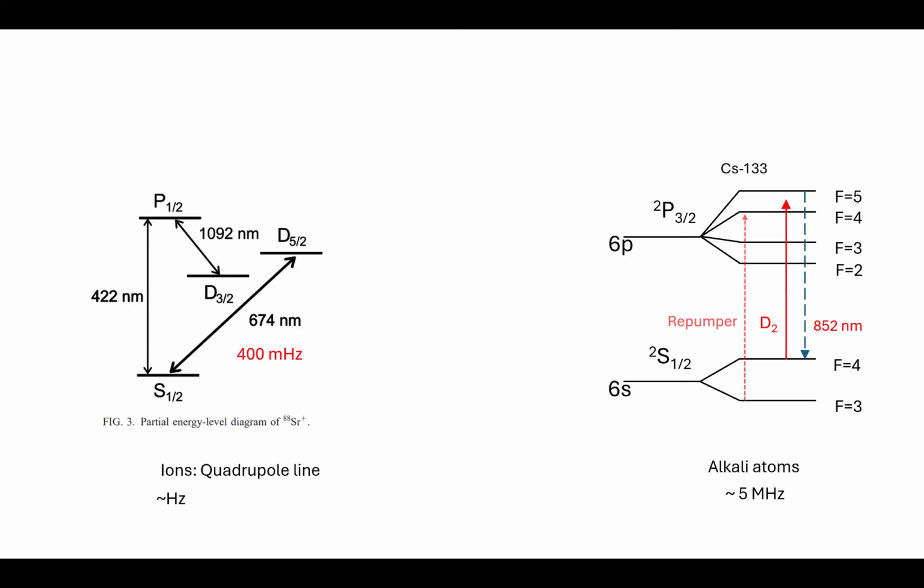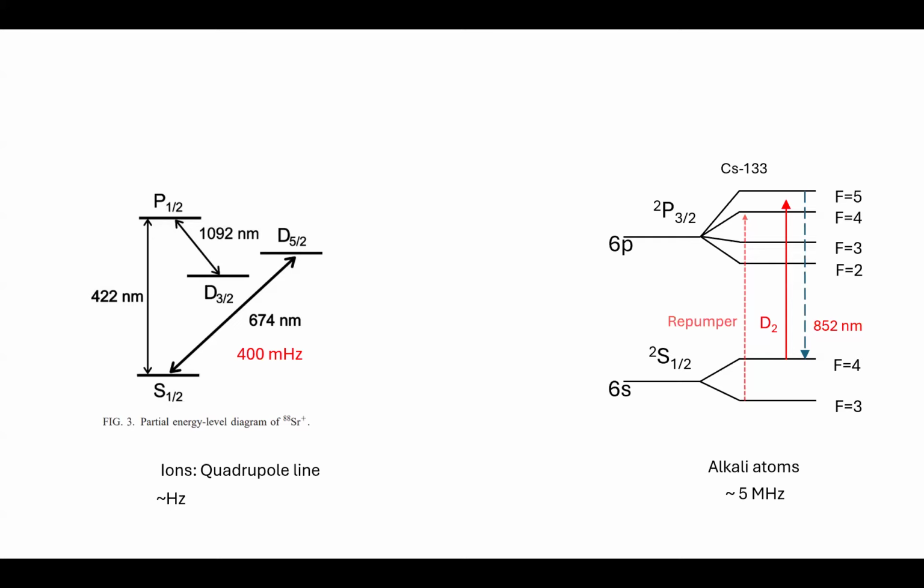But in alkali atoms, in neutral atoms, we generally use D2 transitions. We generally use dipole transitions that are 5 megahertz wide. So you can see there is an orders of magnitude difference between the line width used for ions, quadrupole lines, and alkali atoms. The motivation to use alkali atoms is that they have the simplest structure, because they have one electron in the valence orbit.